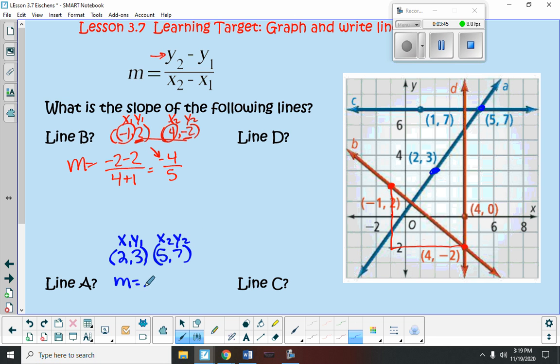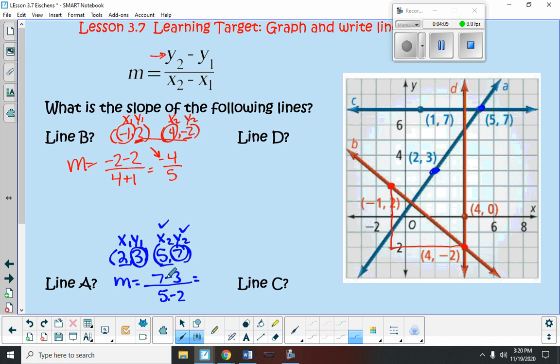So to find the slope, first, we look at the change in the y's. Okay, that's the rise. So you subtract those: 7 minus 3, y2 minus y1. And then in the denominator, you subtract the x's: 5 minus 2. So notice if you start with the 7 in the numerator, then in the denominator, you're going to start with the 5.